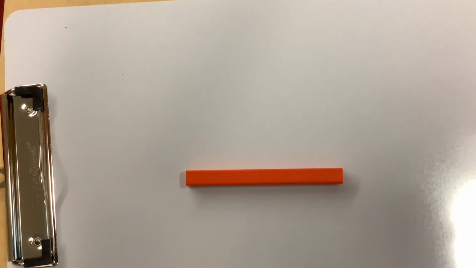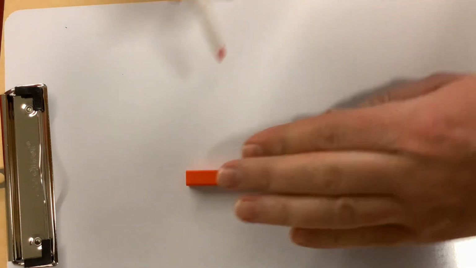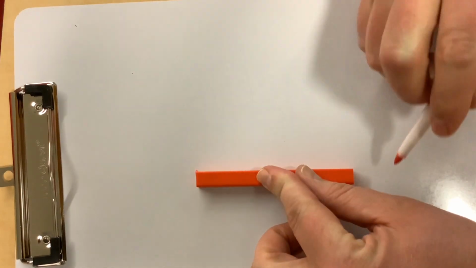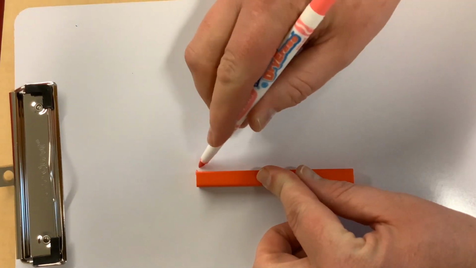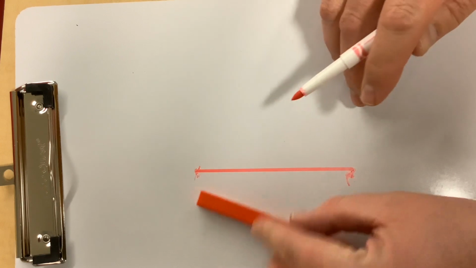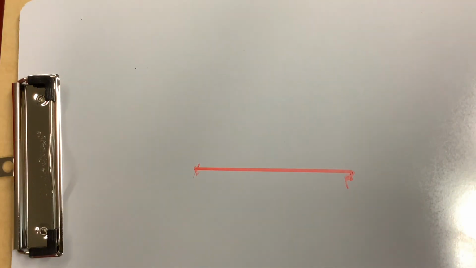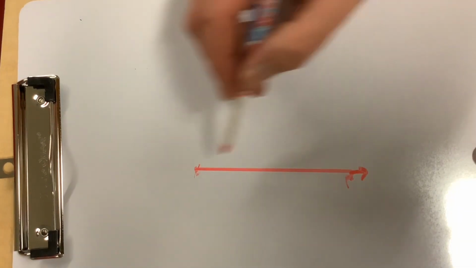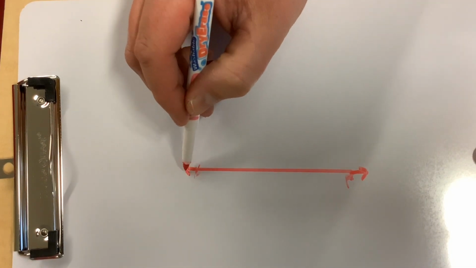All right, on your whiteboard or your notebook, I want you to take your orange Cuisenaire rod. What I want you to do is draw a line at the end and a line at the end and then straight down, just like that. Now, I'm going to go just a little bit more and put an arrow because I know the number line continues on and on.